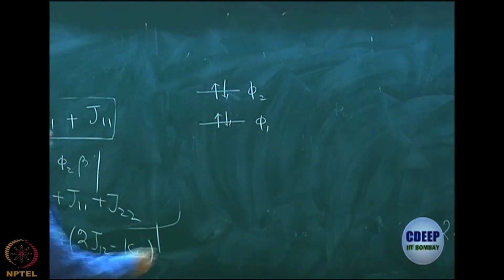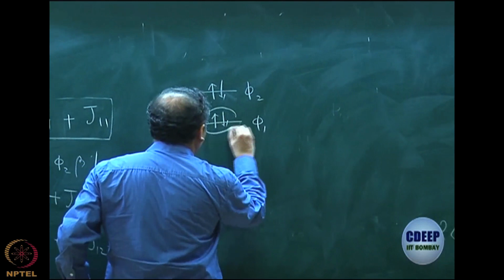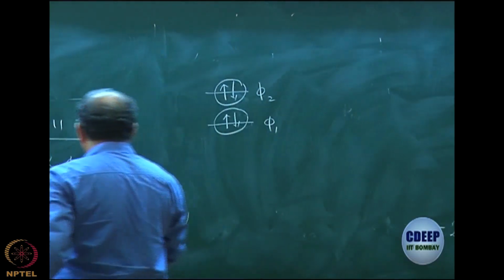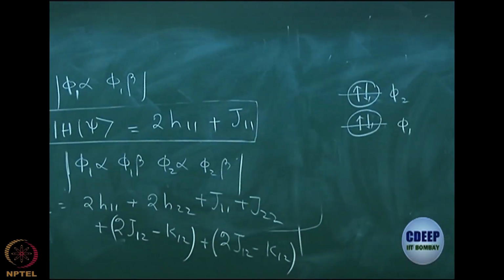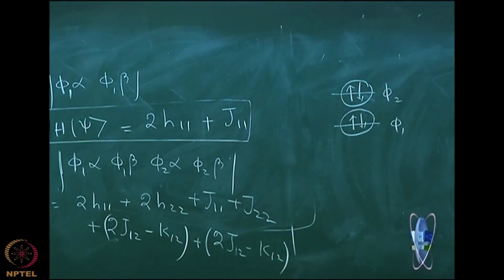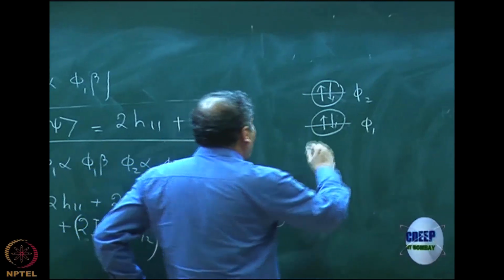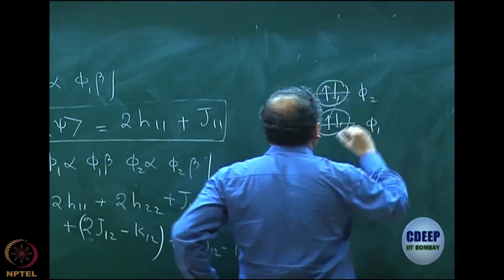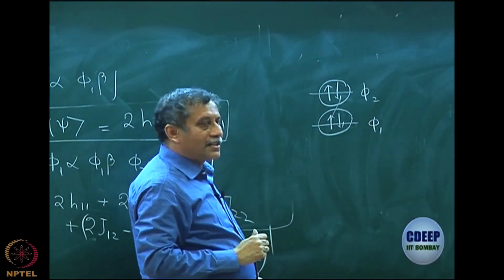Then for each of the orbitals, the 2 electrons sitting have only Coulomb interaction with anti-parallel spin. If you notice further, I have 4 pairs of J12. How does it come?